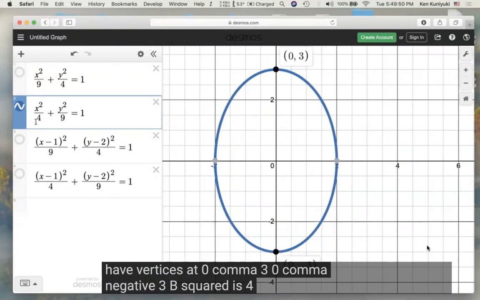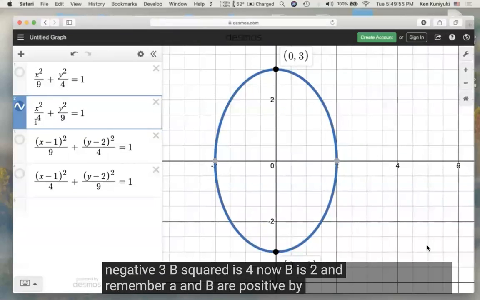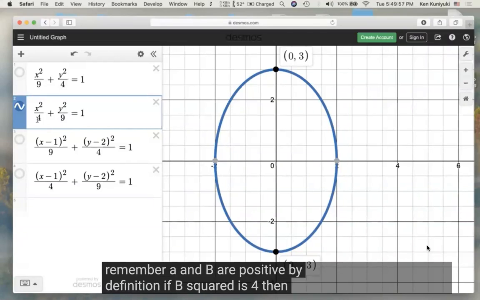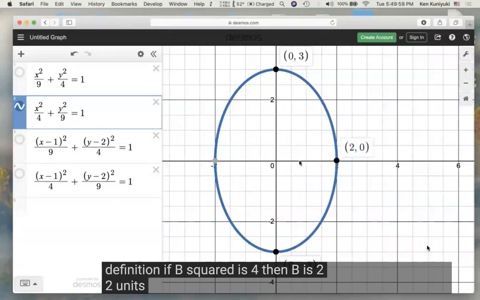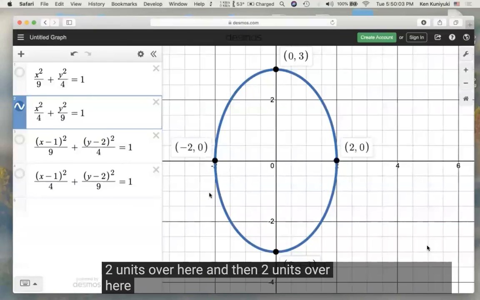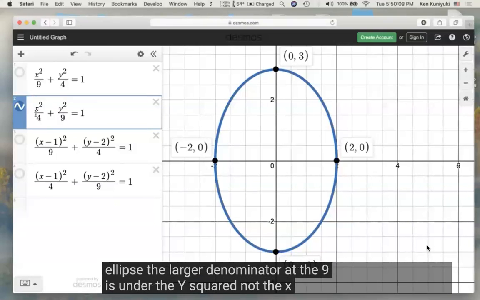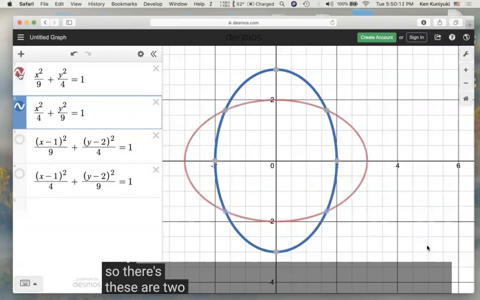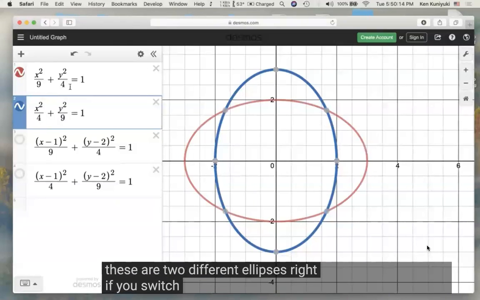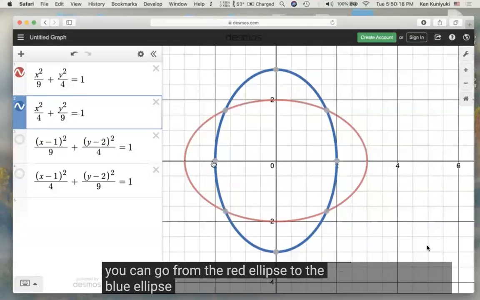B squared is 4 now, so b is 2. And remember, a and b are positive by definition. 2 units over here, and then 2 units over here. This is a y-long or vertical ellipse. The larger denominator, the 9, is under the y squared, not the x squared. So these are two different ellipses, right? If you switch the denominators, then you can go from the red ellipse to the blue ellipse and vice versa.